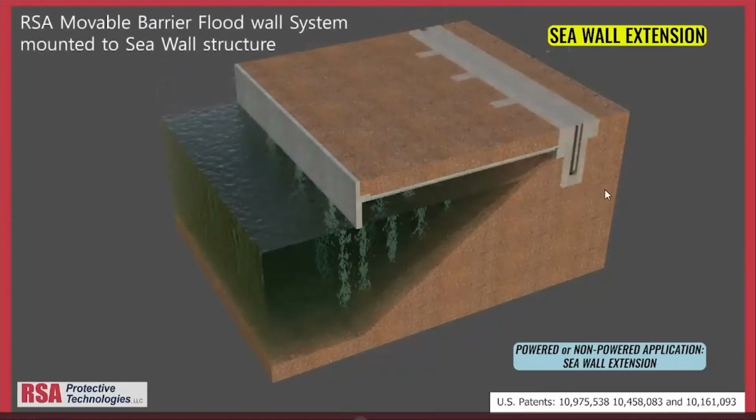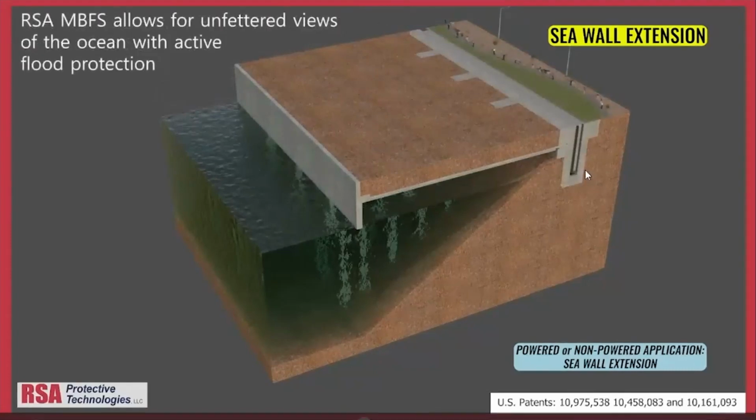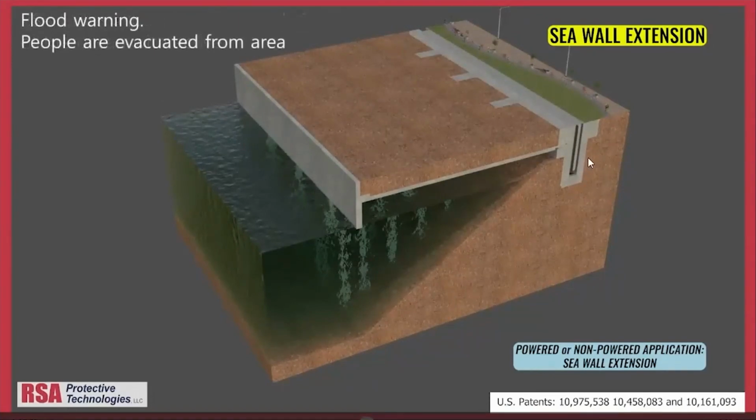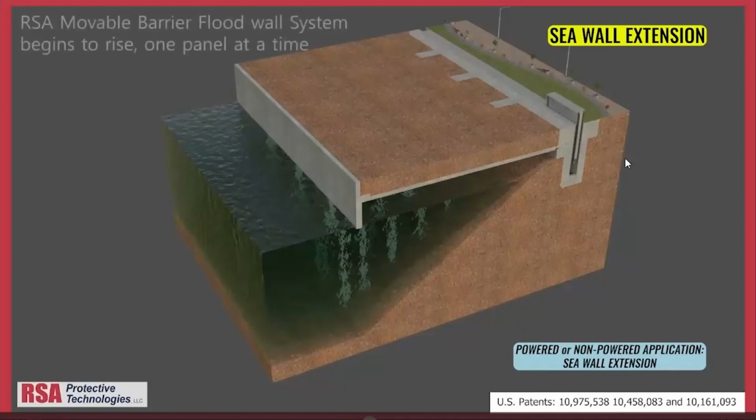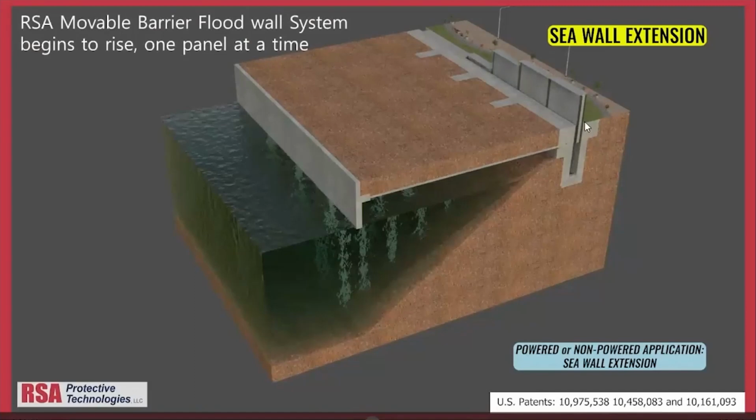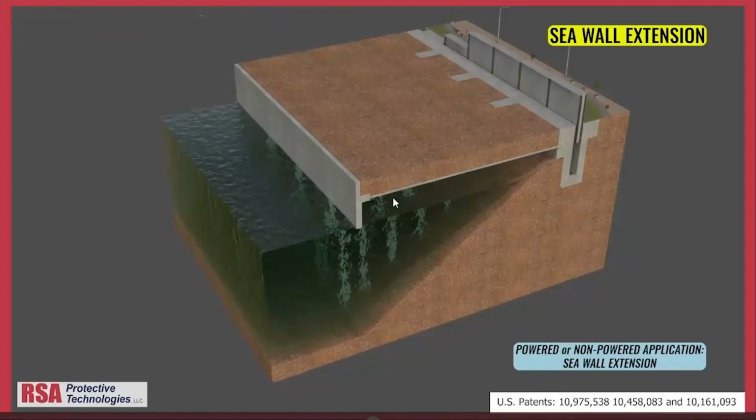So here's the flood wall system attached to the existing base structure, tied together, and Rick Elman will show a little bit more of this detail later in his presentation. So this is our seawall extension, basically. It adds some extra height to the seawall without actually reconstructing the seawall.